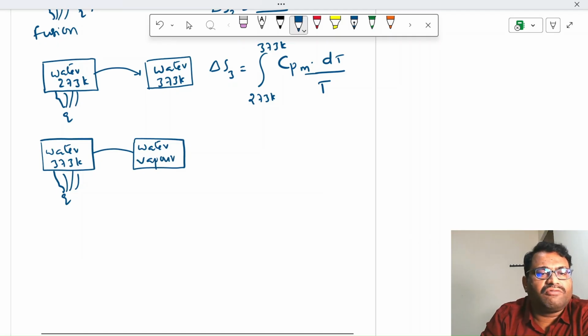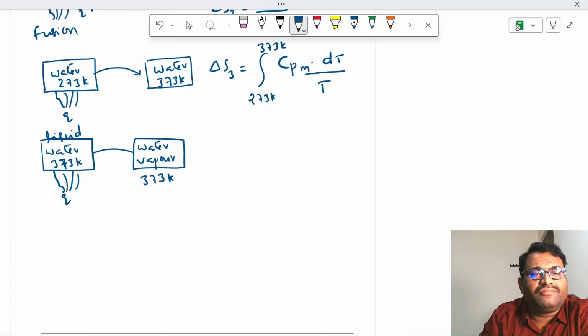So this water is at 373 Kelvin, and water vapor will also be at 373 Kelvin. Until all the water in liquid state at 373 Kelvin is converted to water vapor at 373 Kelvin, there will be no change in the temperature. So in this fourth step, what is happening? There is a change of state.